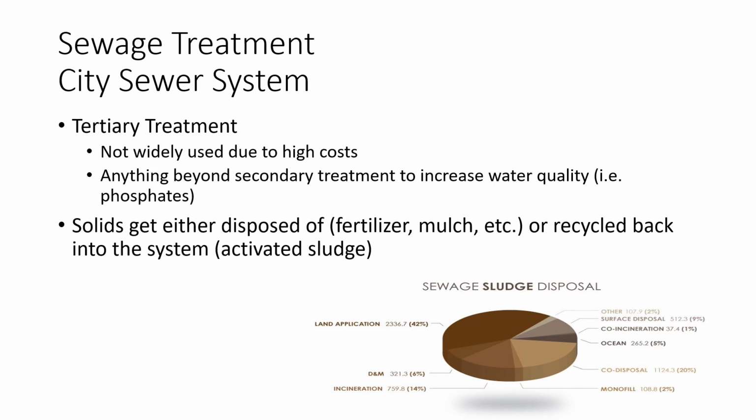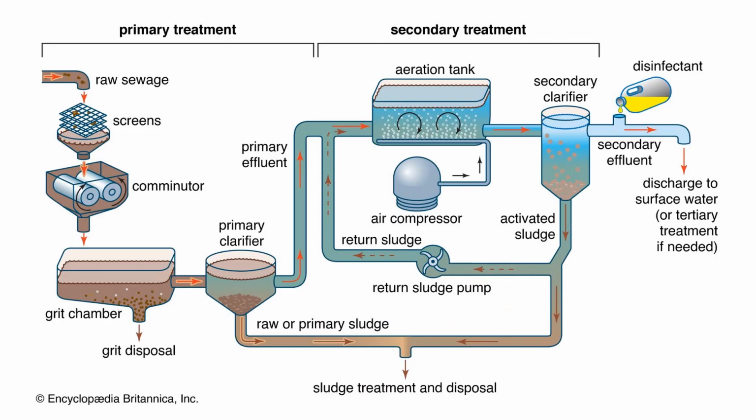And so how do we dispose of it? Usually those solids have a lot of water content, so we add a polymer that dewaters the solids. We press it out, and then we can use it as fertilizer, mulch, whatever it may be. So, the solids get recycled either way.